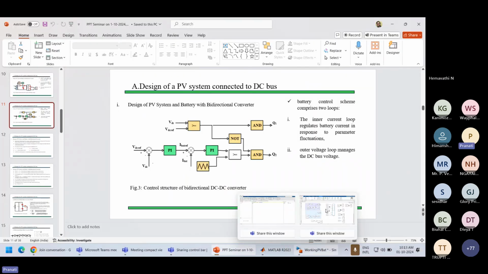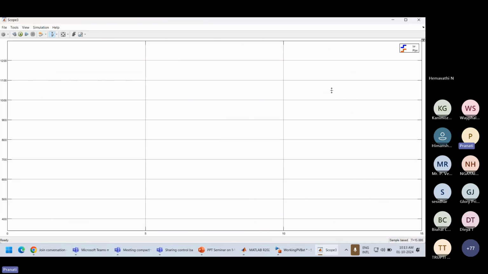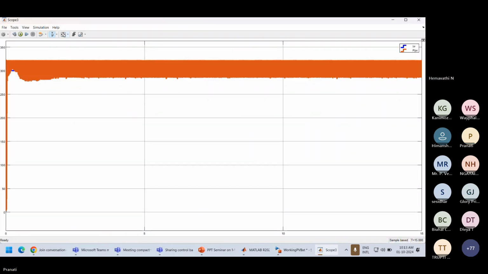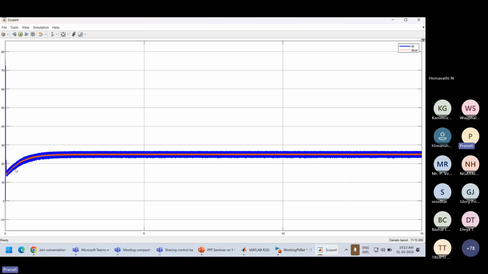Now, you can see this from the individual plots also. Around 300 watt per meter square is mentioned. Then IB and IB reference are also matched with each other. Individual curves we can see.